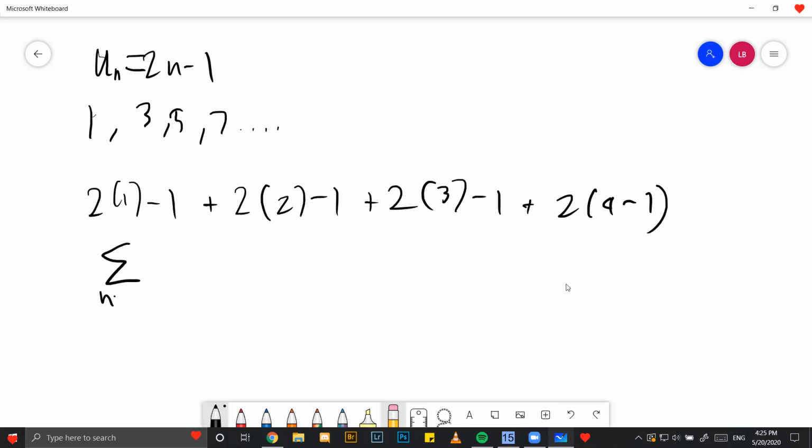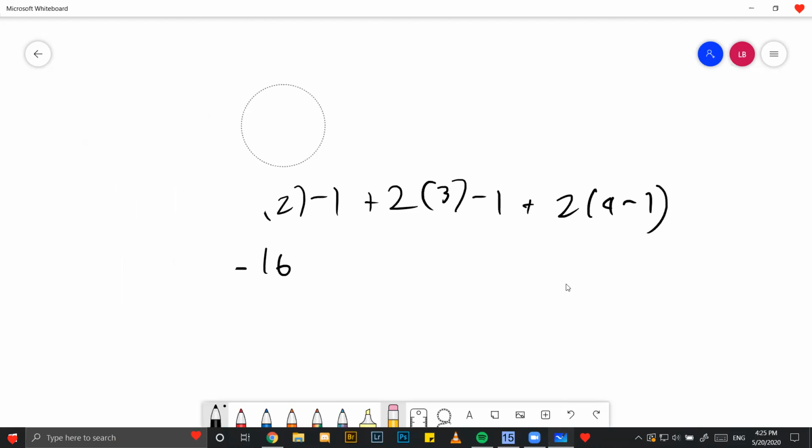Or I could just write that as starting at n equals 1, up until 4, you do 2n minus 1 and add up all of these, which is equal to our sum, which would be 16. Which is decent. That's what we're meant to be doing over here. Essentially you need to find quick ways to represent the sum better. So let's think about the general form which we had earlier.